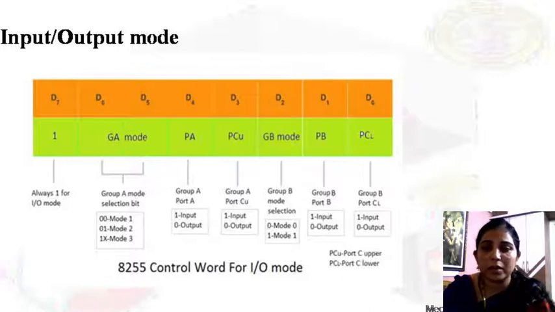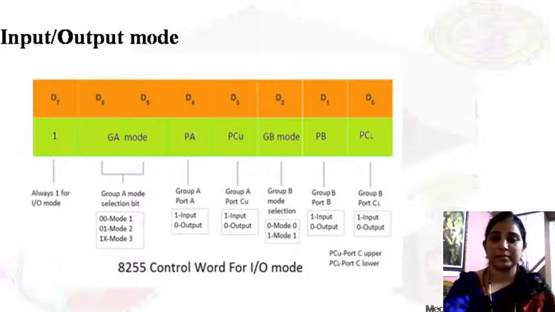You can also see that the D0 bit carries either 0 or 1. If it is 0, port C lower works as the output port.